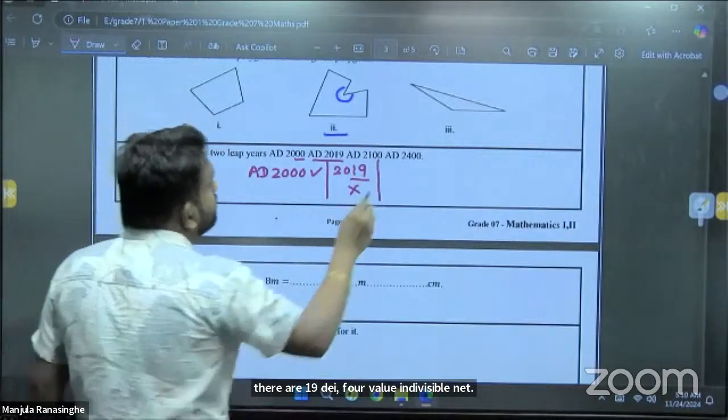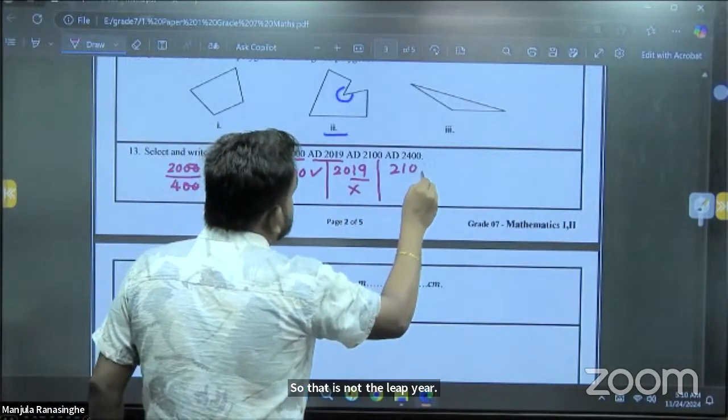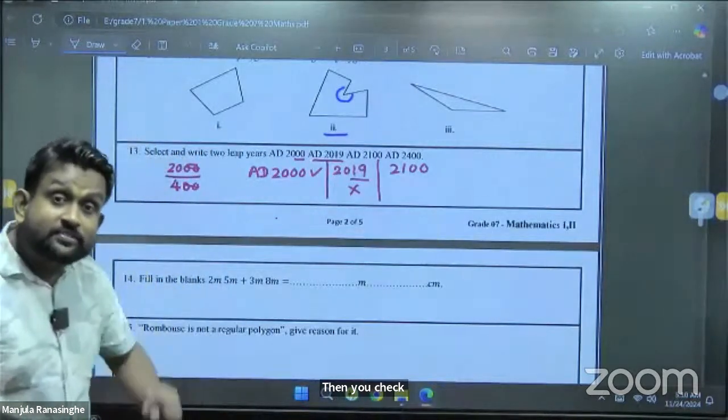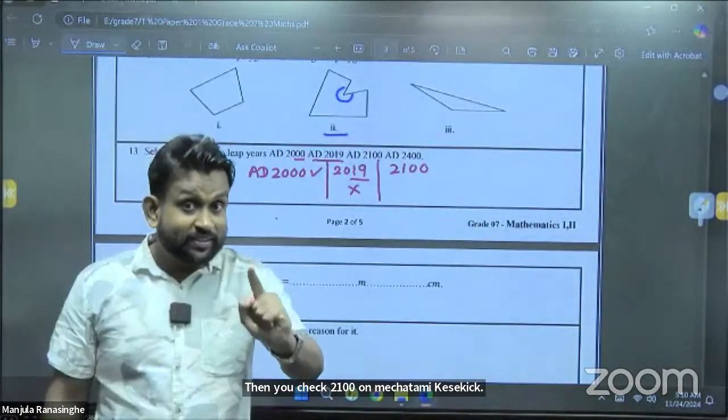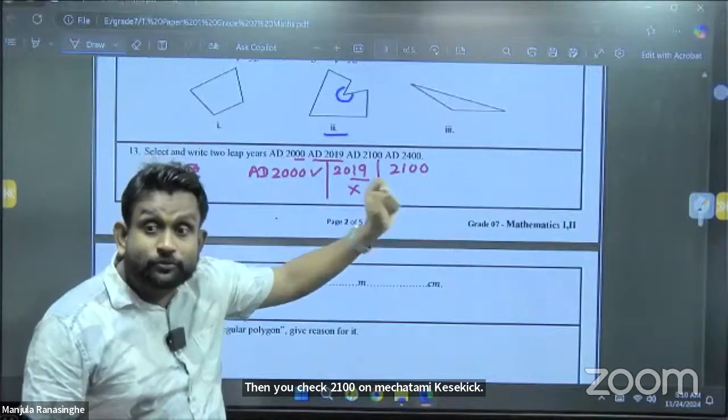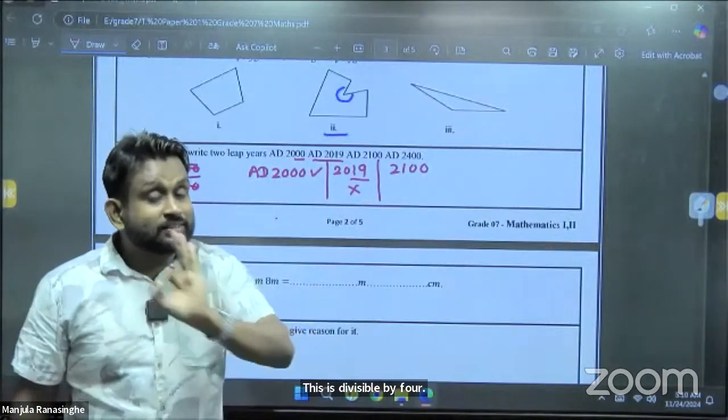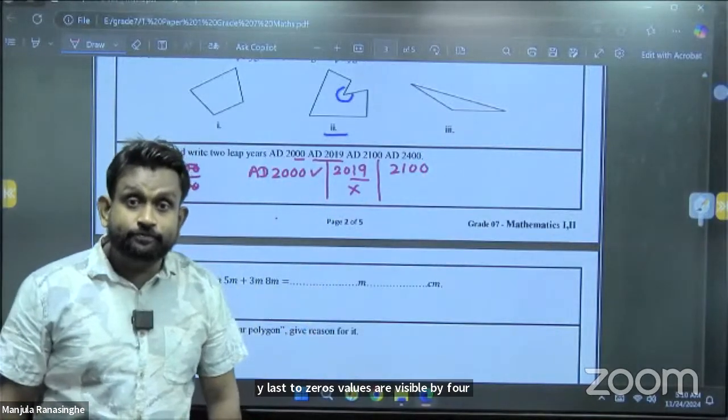Then check 2100. This is divisible by 4. The last two zeros values are divisible by 4, but this is not a leap year. Why?